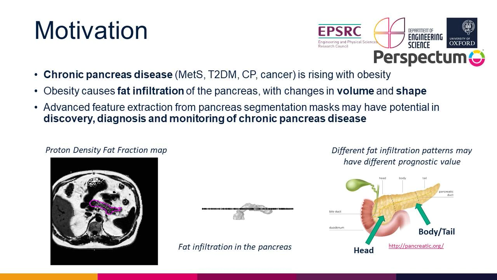Obesity causes fat infiltration in the pancreas, and this leads to changes in pancreas volume and pancreas shape. We think that advanced feature extraction from pancreas segmentation masks may have potential in discovery, diagnosis, and monitoring of chronic pancreas disease.